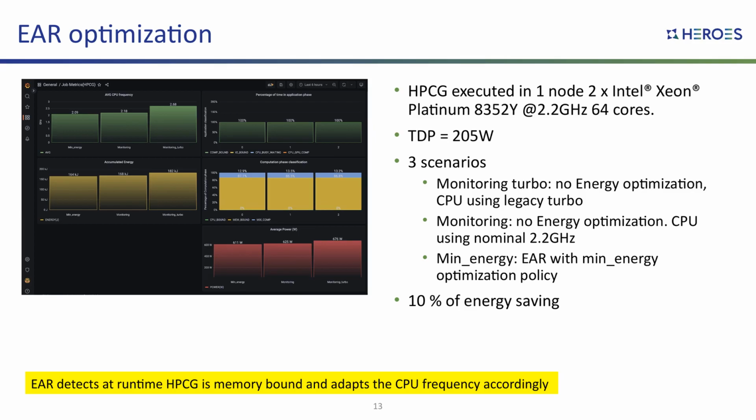The computation phase classification panel shows how EAR classifies HPCG as memory bound for 87% of the application duration. This type of application is typically a good candidate for energy savings by reducing the CPU frequency. In this case, the reduction of the CPU frequency to 2.1 GHz has led to a total of 10% of energy savings.